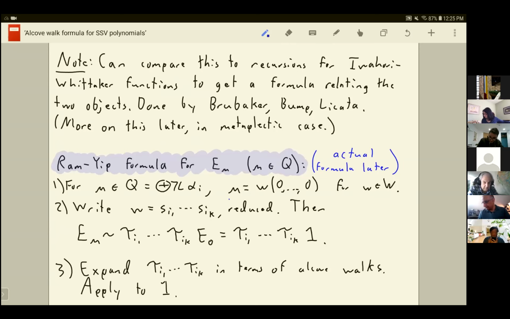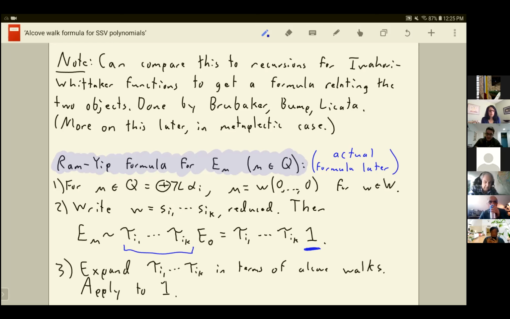So they said, take mu, write it as some Weyl group element on 0, then take this W, give it a reduced expression, and expand it as a bunch of intertwiners. This gives us explicitly a formula starting from 1, which is E0, to get to E mu. This is essentially what I said above.